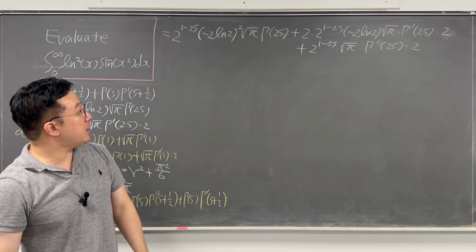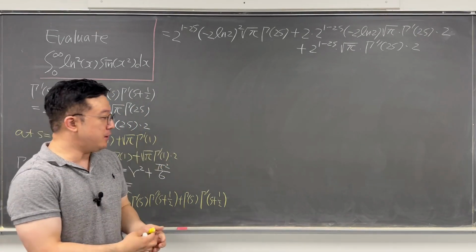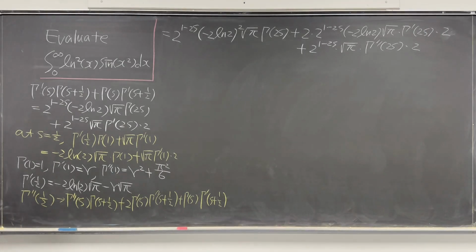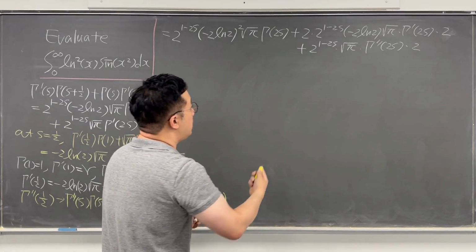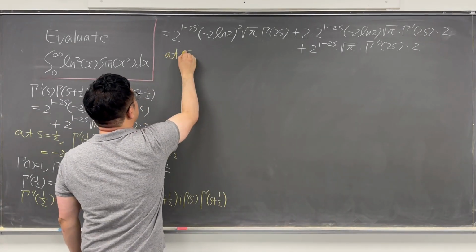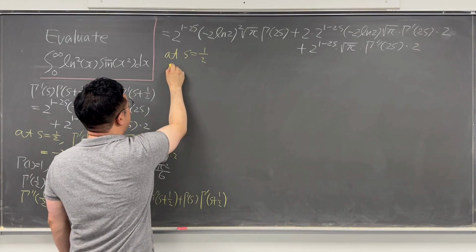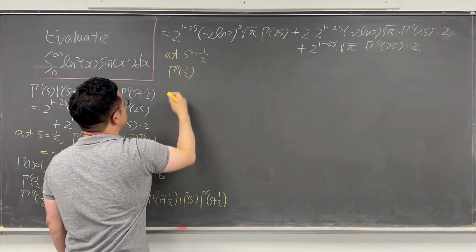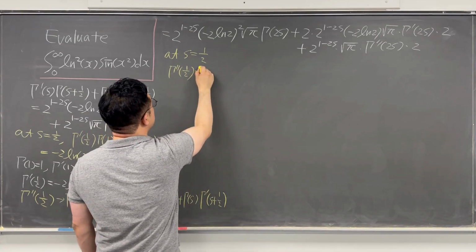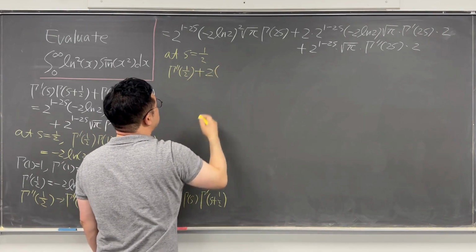And then we should be plugging in s equal to 1 over 2, just to get the value of gamma double prime of 1 over 2. So that is going to be gamma double prime of 1 over 2. Now plus, let me pull this 2 out and make a parenthesis.